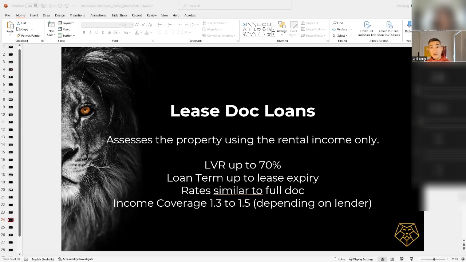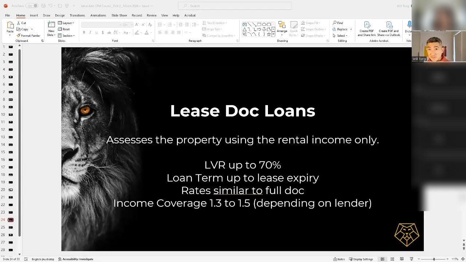Depending on the lender, you can borrow up to 70% LVR, but the lower the LVR bracket, the better the interest rate is. The loan term that they'll offer you is tied in to the WALE. So if your property has a 3-year WALE, let's say, then the maximum lease doc loan term, beg your pardon, will be 3 years, because a lease doc is tied in with the lease.